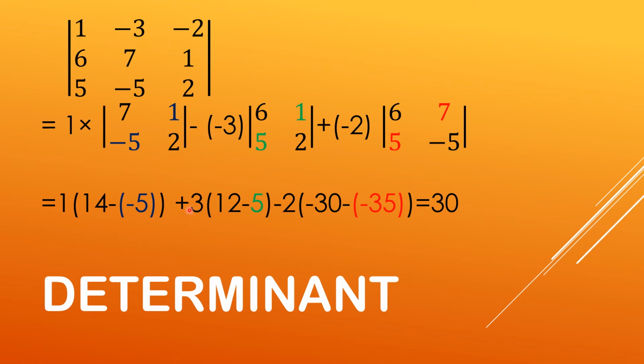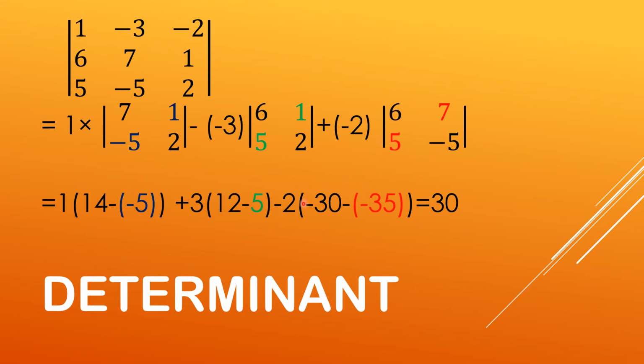So plus 3 into the determinant of the 2 by 2 matrix. Then 6 into 2, 12, minus 5 into 5, 5 into 1, 5. Now plus and positive and negative make a negative. So minus 2 into 6 into minus 5, minus 30.